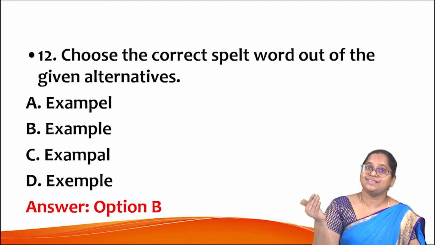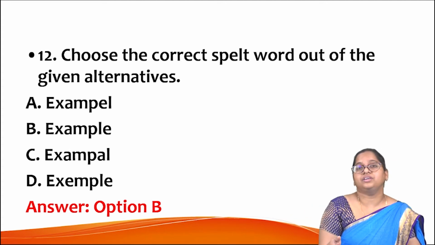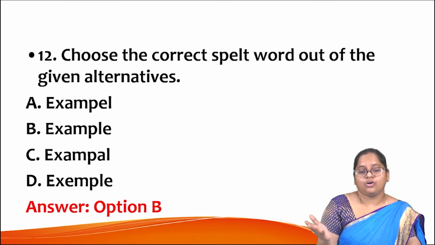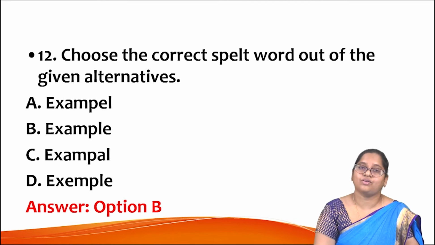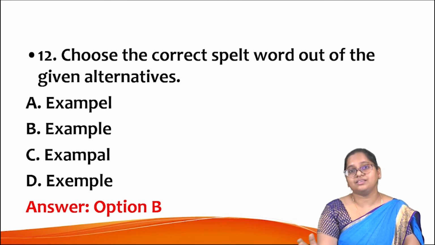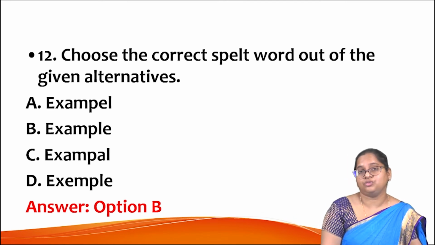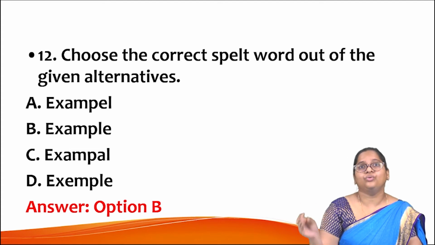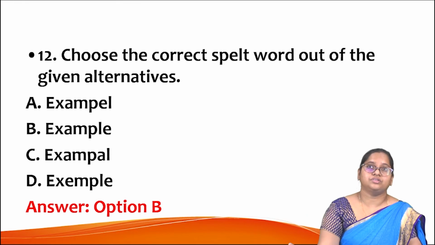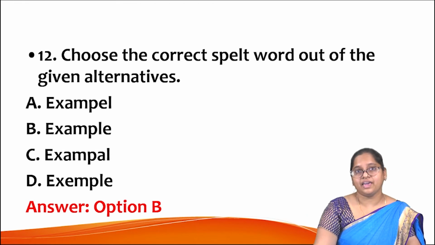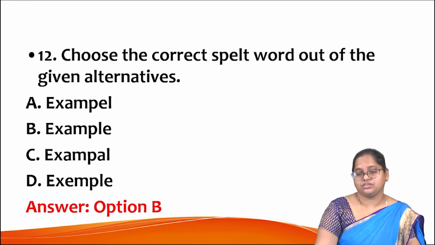You say example or example or example. There are students who use all these wrong spellings. So I don't think that these are pretty easy. There are people who write n number of spelling errors in sentences. So which is why you have to learn properly. Example is the right word.